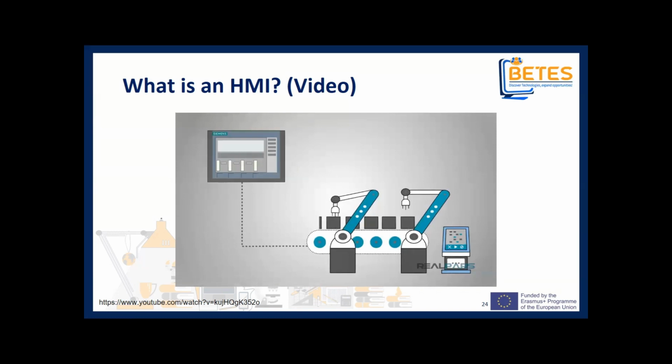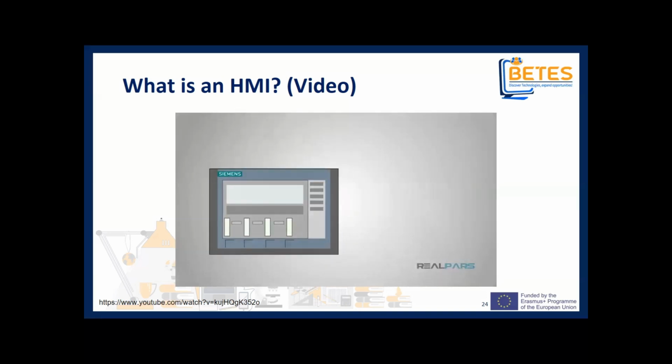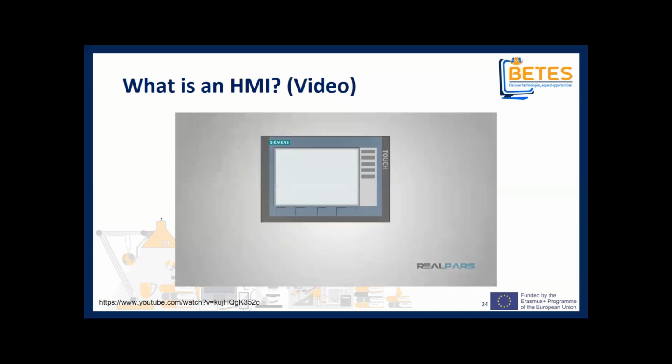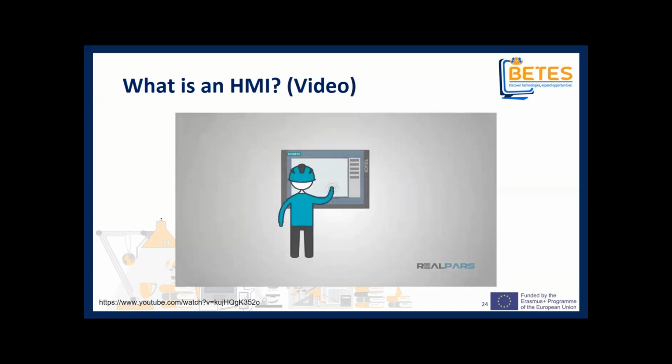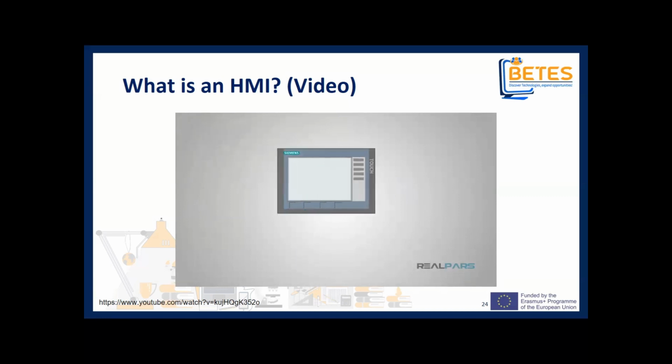It would be hard to have a good automated process in industry without an HMI. Many times, an HMI will be in the form of a screen, kind of like a computer screen, and more times than not, they are touchscreen. An operator or maintenance personnel can operate and monitor the machine from the HMI.